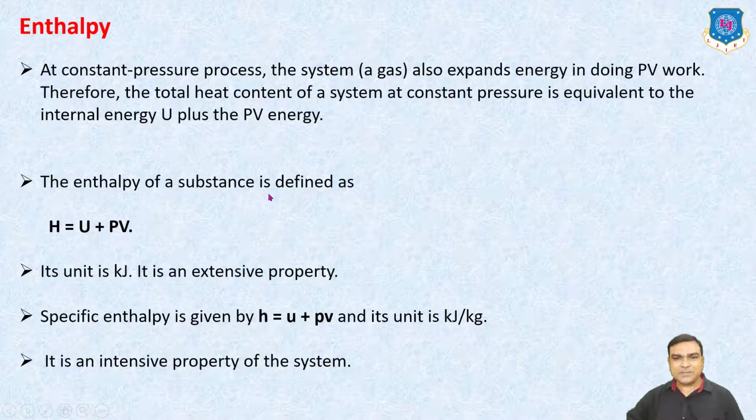The enthalpy of a substance is defined as H equal to U plus PV, where U is the internal energy and PV is the product of pressure and volume. Its unit is kilojoule. It is an extensive property. Specific enthalpy is given by h equal to u plus Pv, where all the terms are in small letters and its unit is kilojoule per kg. It is an intensive property of the system.